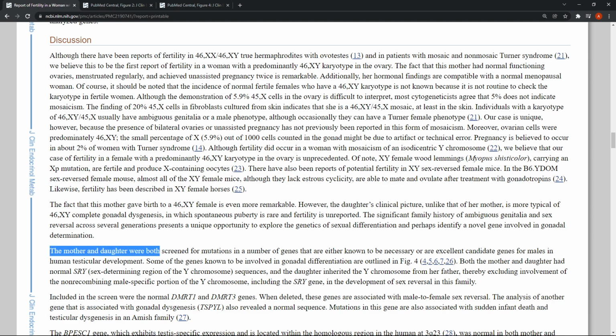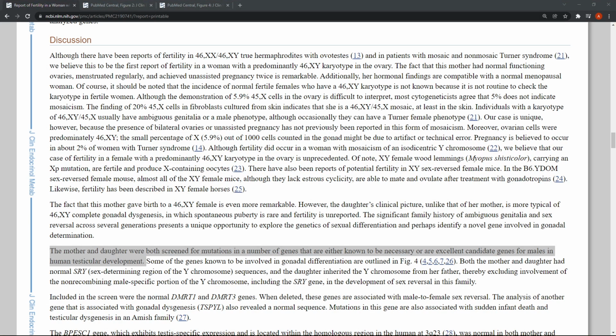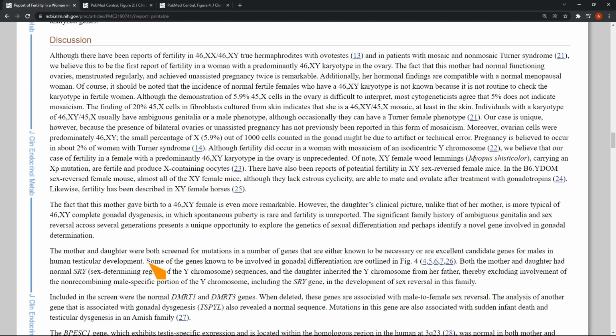"The mother and daughter were both screened for mutations in a number of genes that are either known to be necessary or excellent candidate genes for male human testicular development." This just means that these genes are normal for typical development of the testes, but obviously they didn't have them.